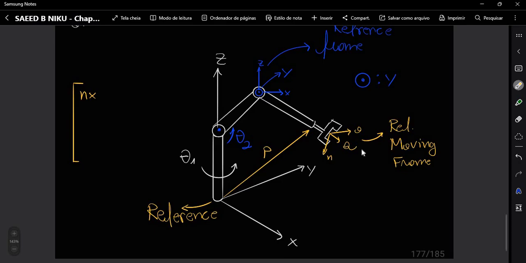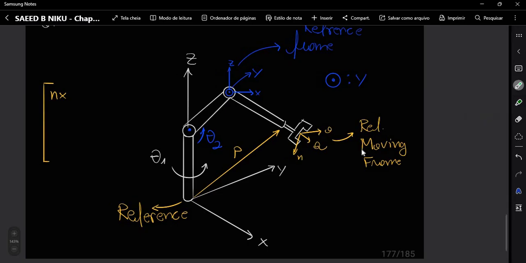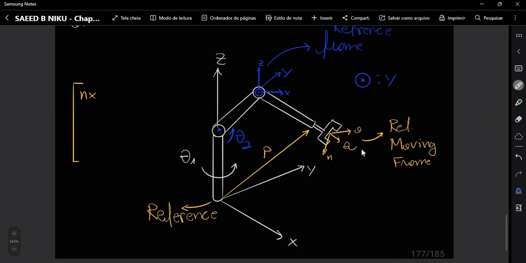So again repeating the same situation, if we name this as the hand of the robot, right here is the reference. Of course we have our own universe reference frame.